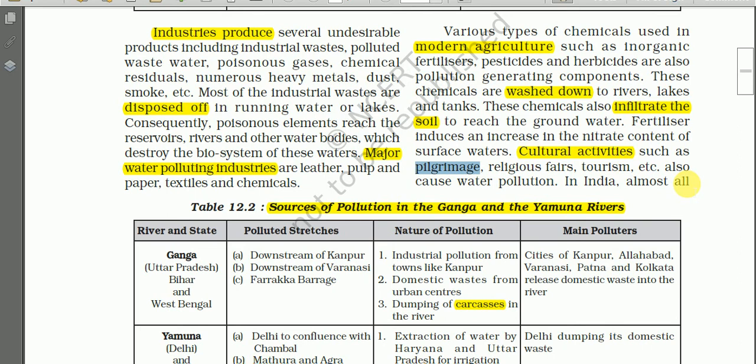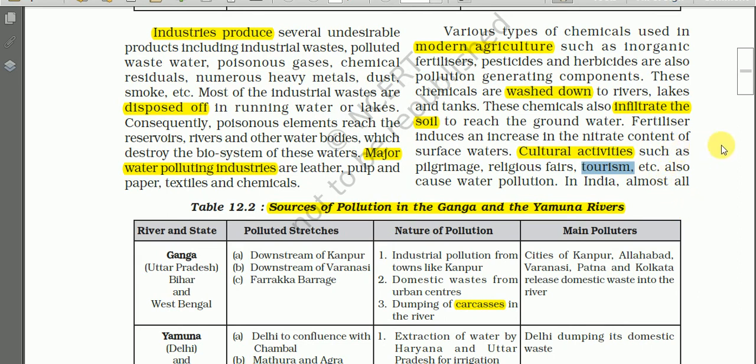Here we throw many things, maybe flowers or other things, in the water, offering to the god generally. All these articles and objects also cause water pollution. And sometimes tourism also, if we don't manage it properly, causes water pollution.